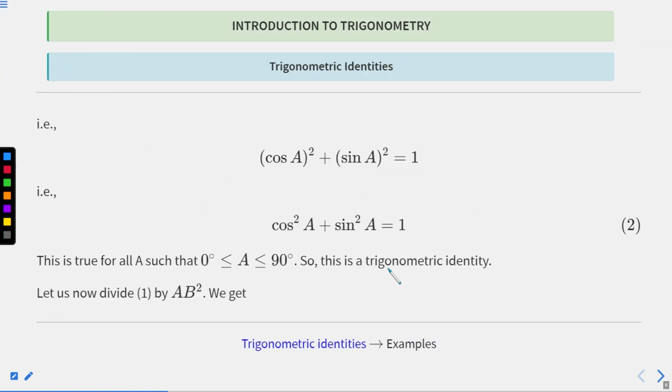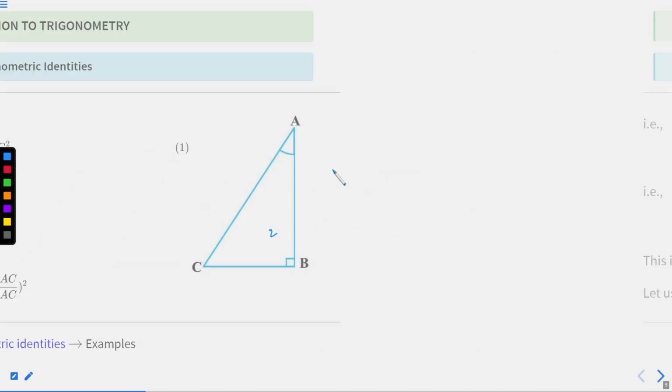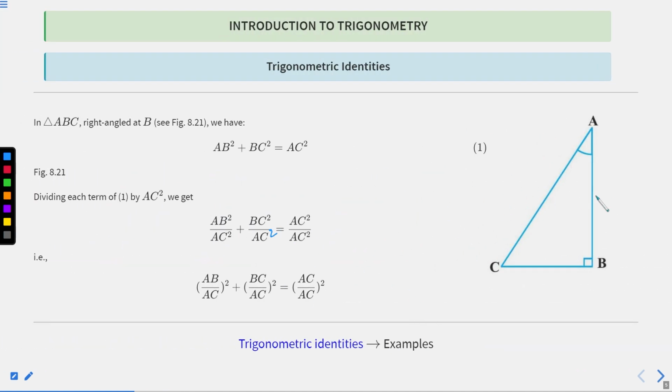Now we know cos A is equal to the side adjacent to angle A divided by the hypotenuse.